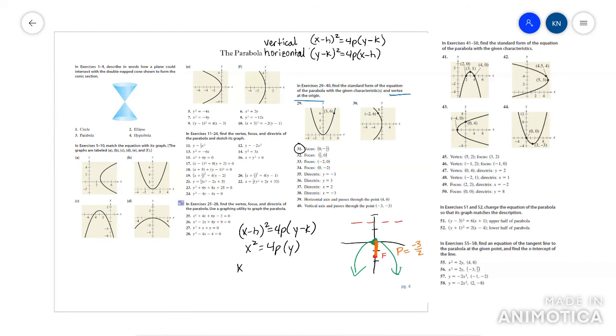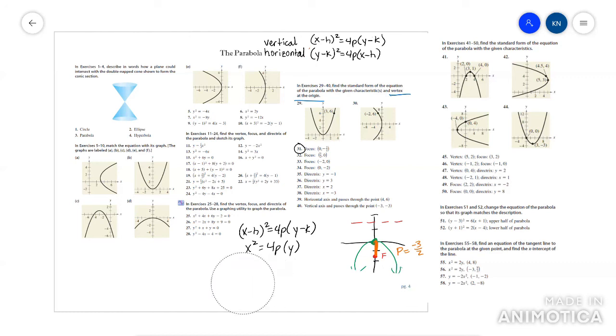So my answer here would be x squared equals 4 times that p-value of -3/2 and then the letter y. And then you just got to simplify it a little bit. So x squared equals 4 times -3/2, which is -6y. So that would be my answer. So when the vertex of the parabola is at 0, 0, it makes the problem a lot easier to solve.